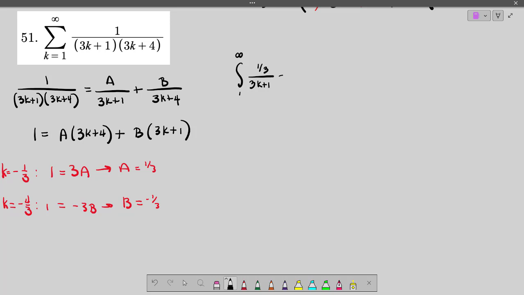So we have that, and then minus 1/3 over 3k plus 4. Oh, and I want to make this x's, because we are now dealing with an integral, so as soon as we have an integral, we want x.